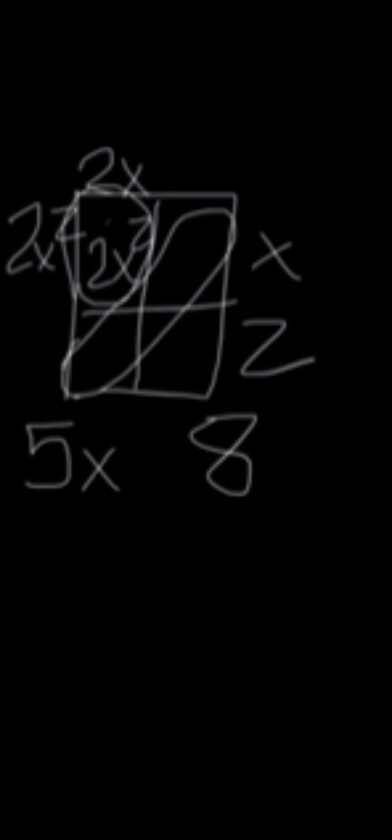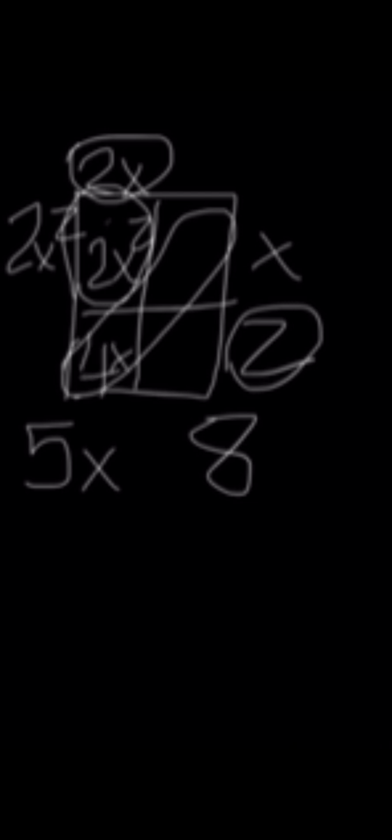Then we will multiply 2 times 2x, and it will give us 4x. And so that means that we will have to find the number that would add to 4 to give us 5x. Obviously, that number would be 1. So that would be the number up here. So then we multiply 1 times 2, which gives us 2.